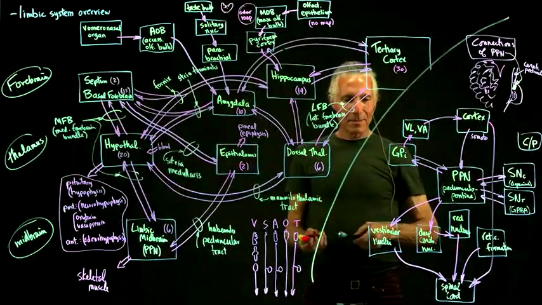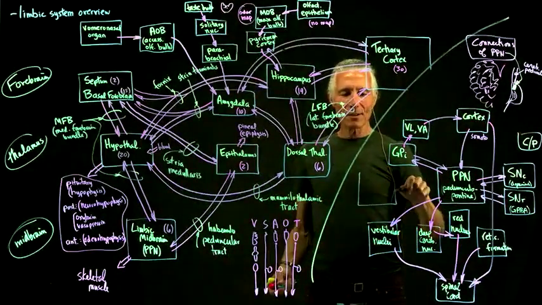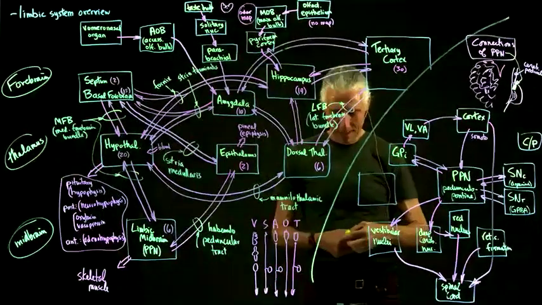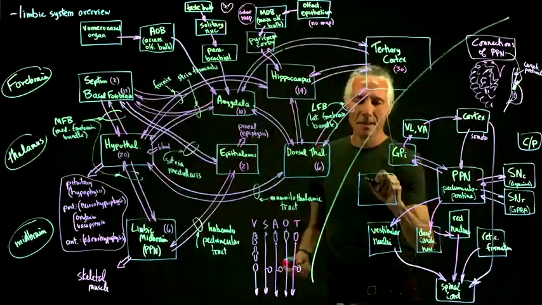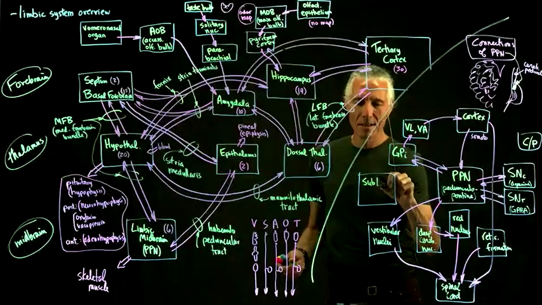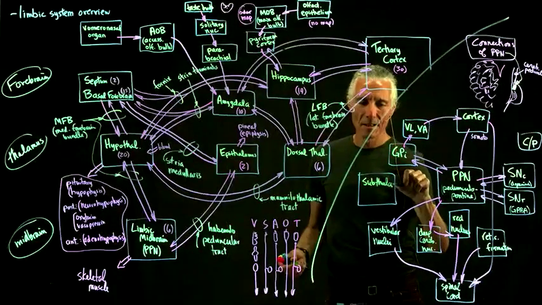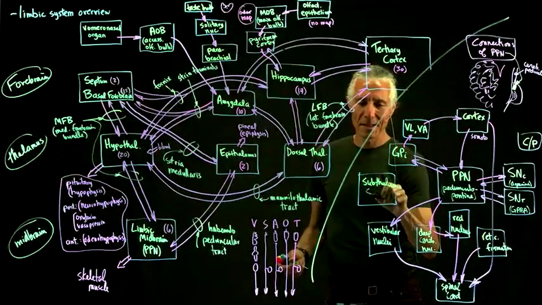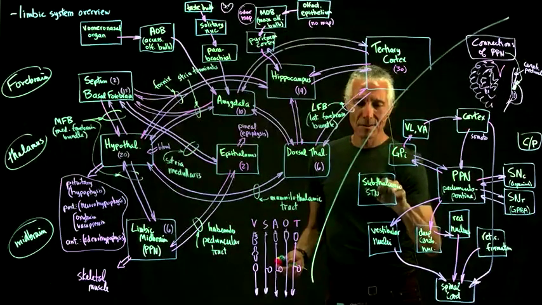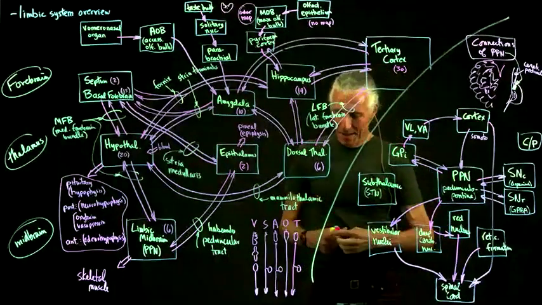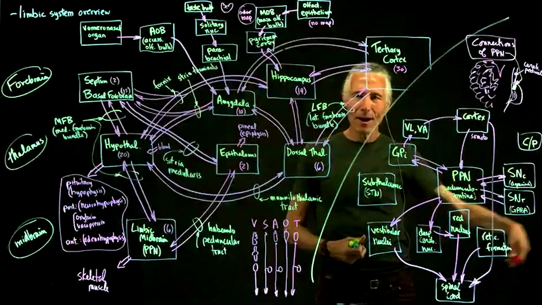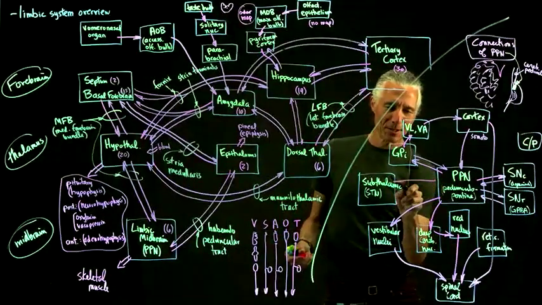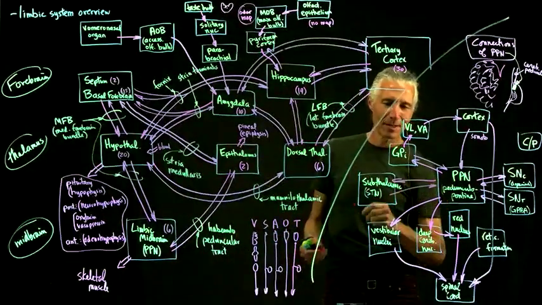And last but not least, being the center of the universe, it's also connected up to the subthalamic nucleus. Remember, that was the one, STN, that inhibits funny movements of your arm. That's the function of the subthalamic, just joking, this is the function of the subthalamic nucleus.